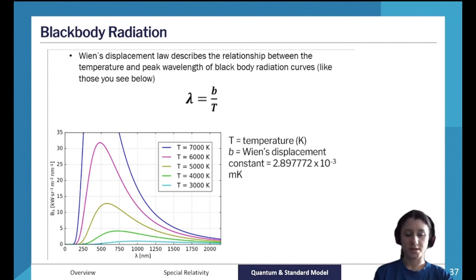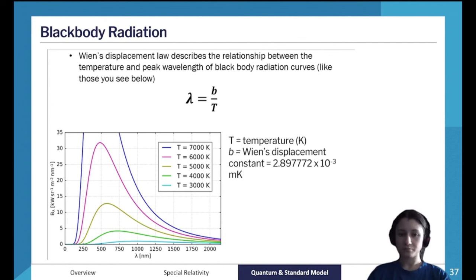The temperature is in kelvins. It's really, really easy to forget that. Okay? Temperature is in the unit kelvins. How do you convert between degrees and kelvins? All you have to do is add 273.